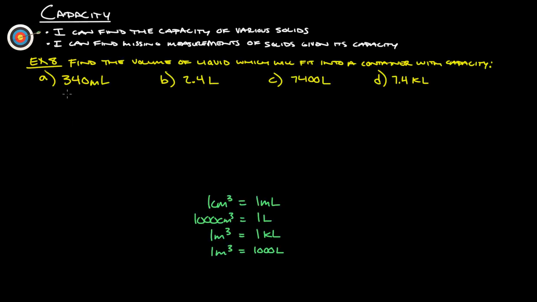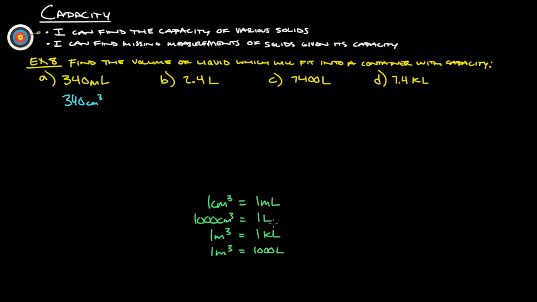Okay, so let's take a look at example 8. Find the volume of liquid which will fit into a container with capacity 340 milliliters. So here's our 1 milliliter. That really is just going to be 340 cubic centimeters, because that's what a milliliter is.